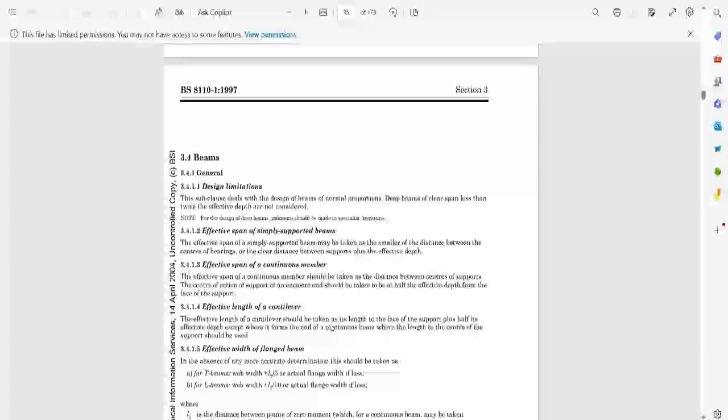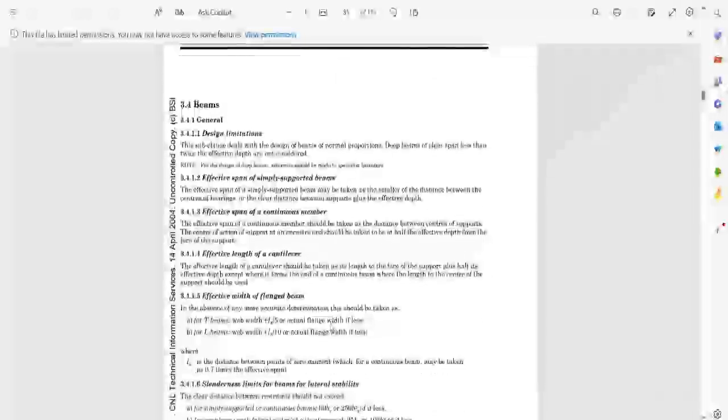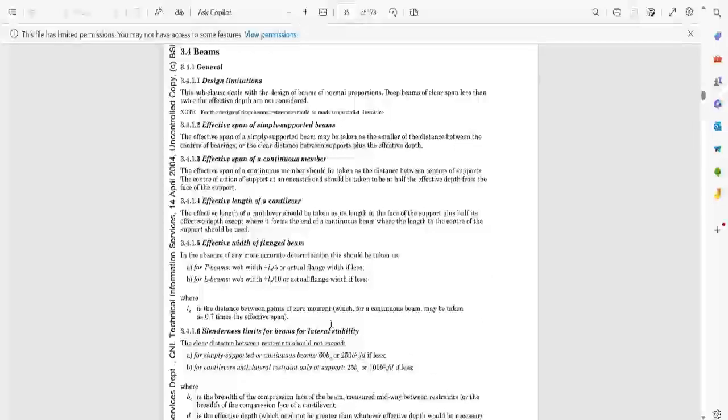All right, 3.4, you see beams there. We have 3.4.1.5, which says the effective width of flanged beams. You did see that? And now we are dealing with T-beams. So we are supposed to pick the web width plus Lz over 5 or actual flange width if less.